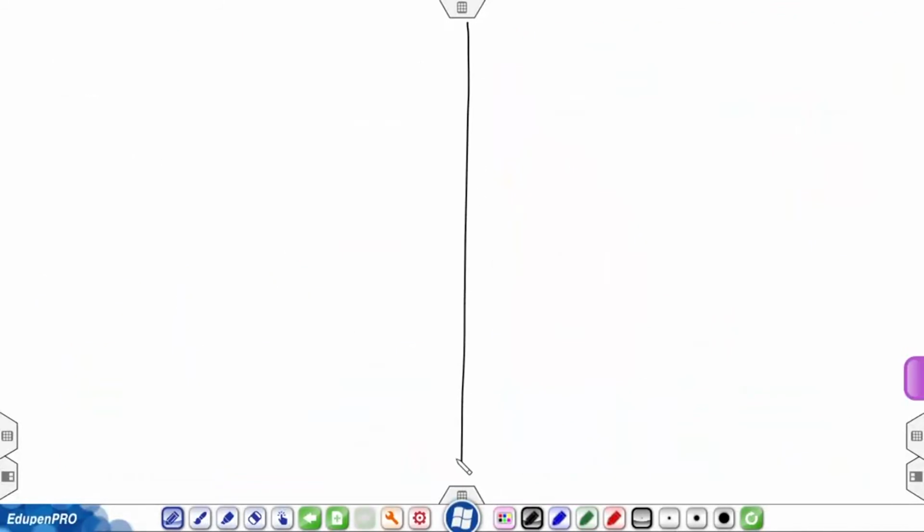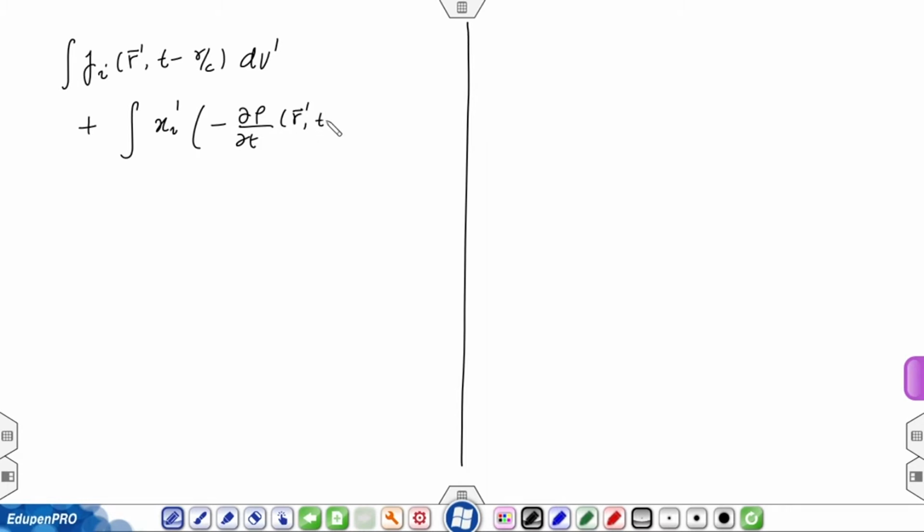So, what you have found now is that integral j ith component r prime, t minus r over c, dv prime plus integral x I prime minus d rho by dt, all evaluated at r prime and t minus r over c, dv prime is equal to 0.